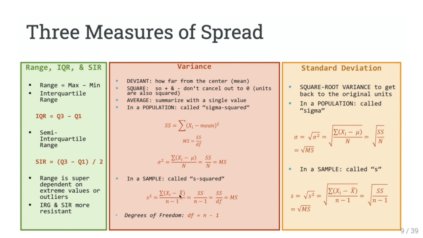So all this is trying to do is take the average deviation from the mean in the sample. It's saying, on average, how far away are people from the mean? If the variance is bigger, that means on average people are further away from the mean than if the variance is smaller. Because the variance is in these squared terms, you can take the square root of it, and that's going to give you what's called the standard deviation.